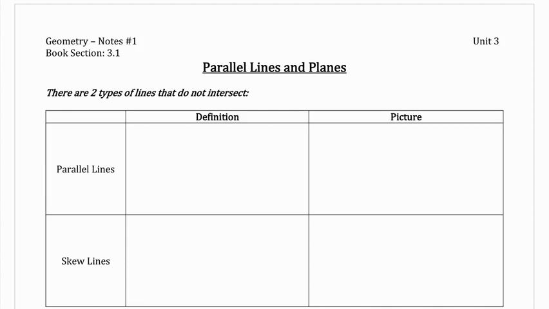So basically I can say that lines are parallel if and only if, and remember we can write that as IFF, the lines are coplanar and they never intersect.